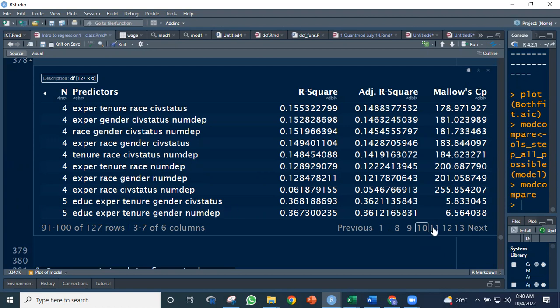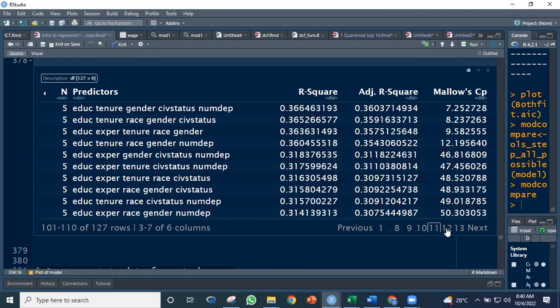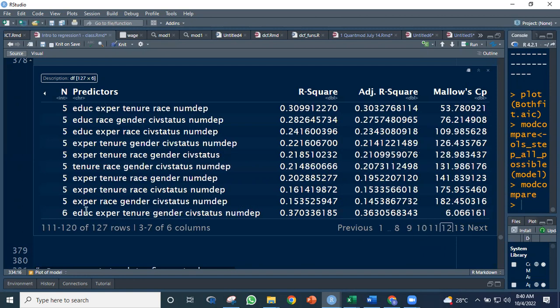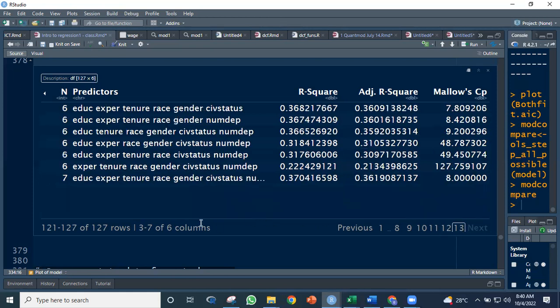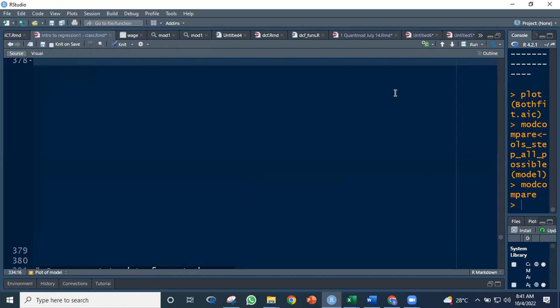And then kung 6, ito, ang tinanggal si race, diba? Sa backward stepwise regression, yun yung talagang tatanggalin. And of course, lastly, pag 7, kasama lahat. Okay, so that gives us the result for dito sa function na to.